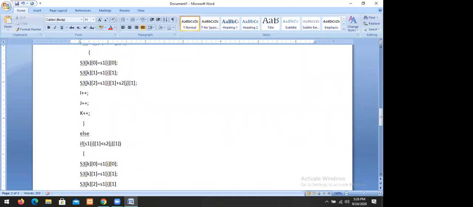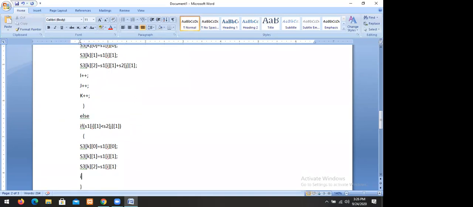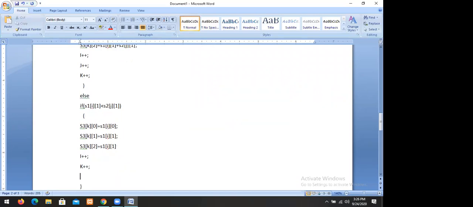When rows are equal and columns are not equal, move the lowest value. If S1 is the lowest, then move the S1 value to the result, i plus plus and k plus plus.